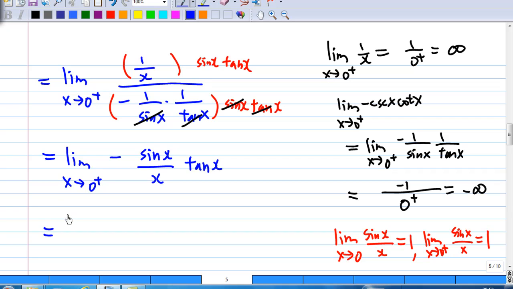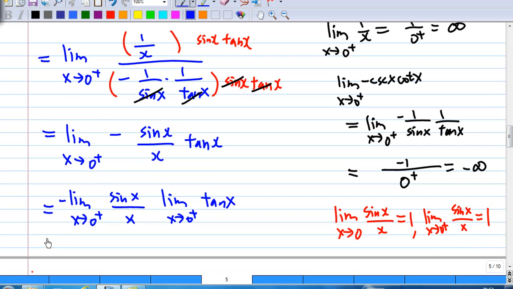So you can write them as the limit as x goes to 0 plus of sine x over x, pulling out the minus sign, times the limit as x goes to 0 plus of tangent x. This is equal to minus 1 times 0, because when x goes to 0, tangent x goes to 0 as well. So in the end, the answer is 0.